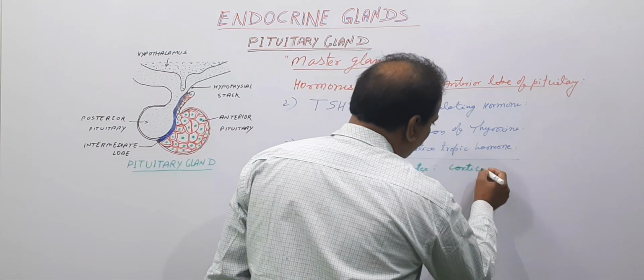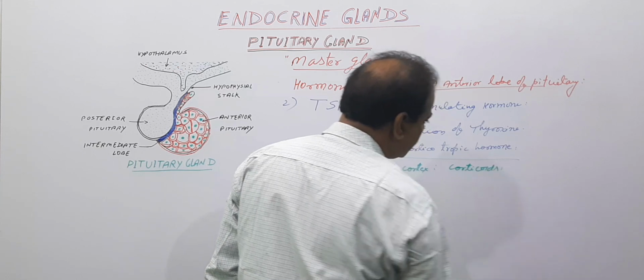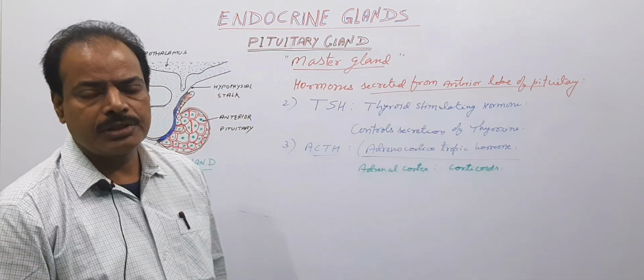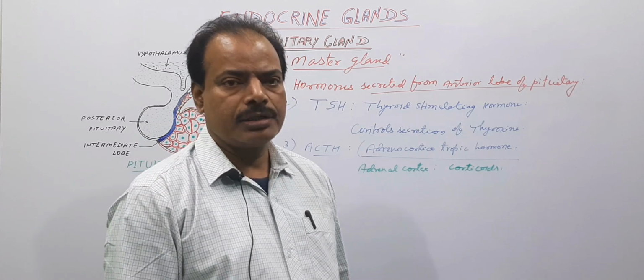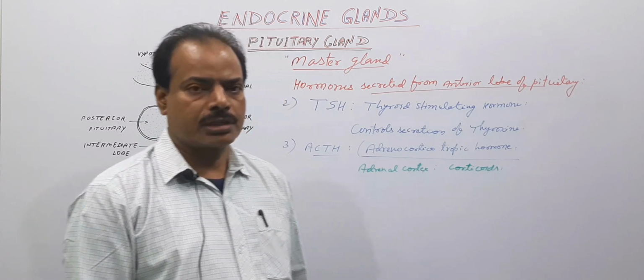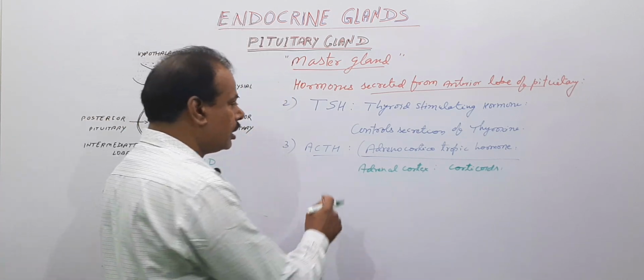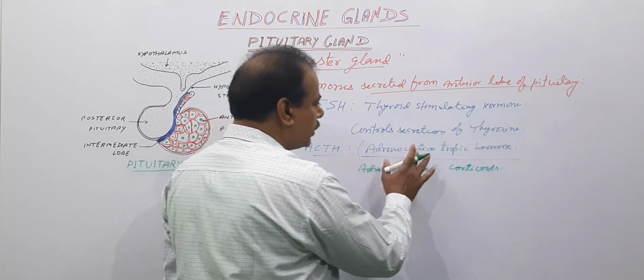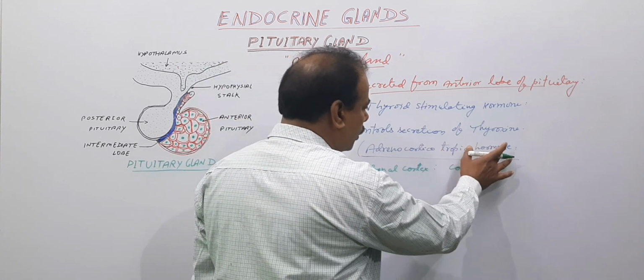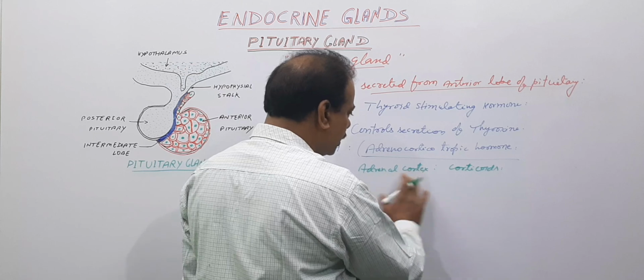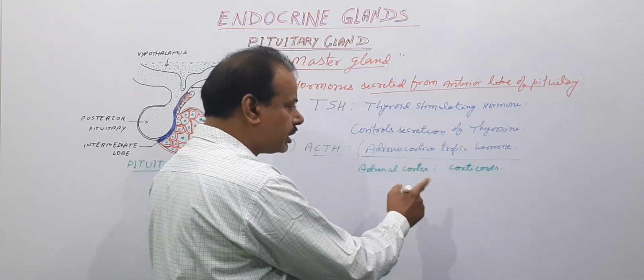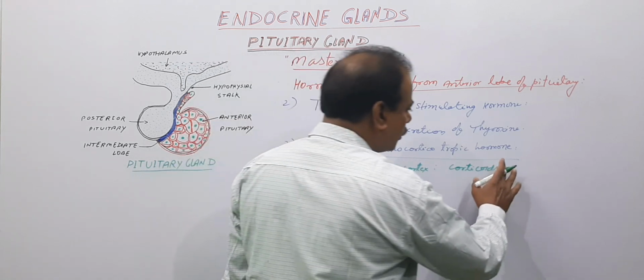As you know, corticoids are of 3 types. These are glucocorticoids, mineralocorticoids, and adrenal corticoids, which is also known as sex corticoids. In this way, ACTH stimulates the adrenal cortex to secrete corticoid hormones.